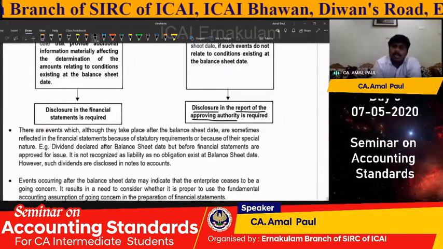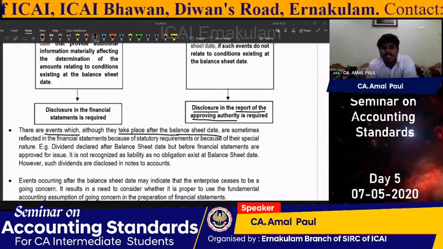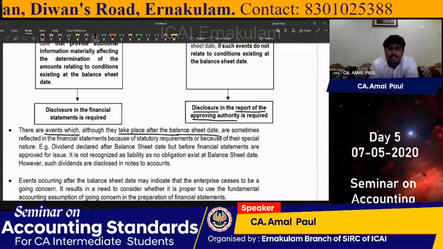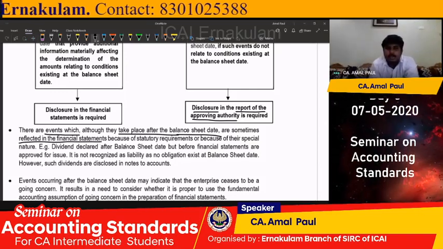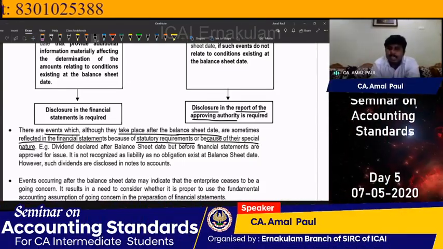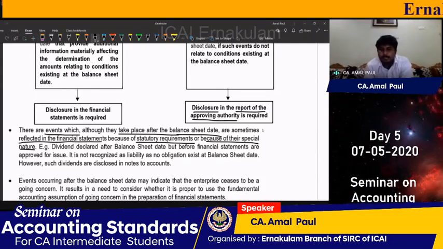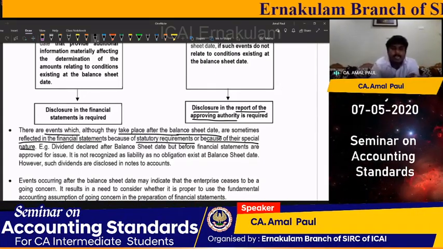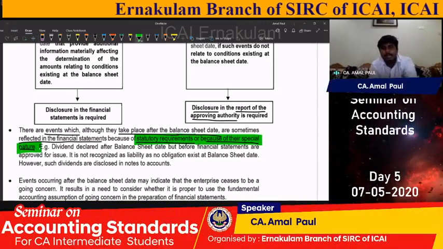Then there are certain events which take place after the balance sheet date, but which need to be reflected in the financial statements due to statutory requirements or their special nature. So there are certain non-adjusting events for which disclosure is required in the financial statements.